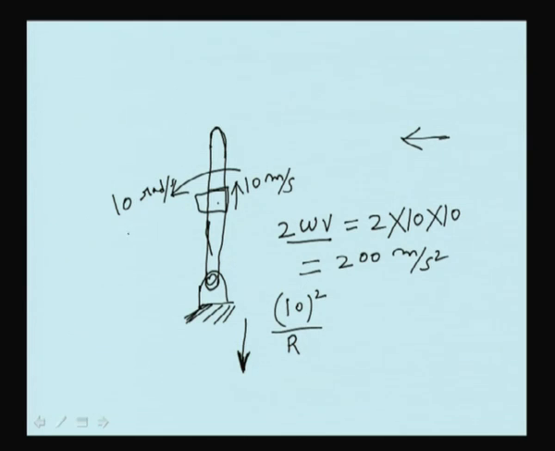If the tangential acceleration is provided, say 2 radian per second square, then it will be in this direction and the magnitude will be alpha times r, that is 2 radian per second square multiplied by this distance. Like that you can solve a number of problems using the equations developed.